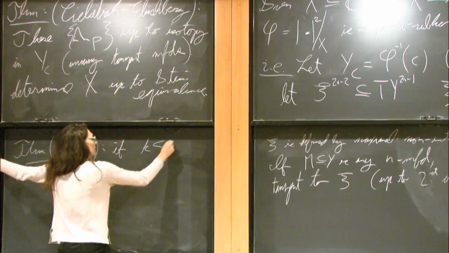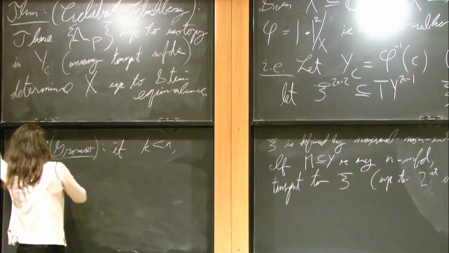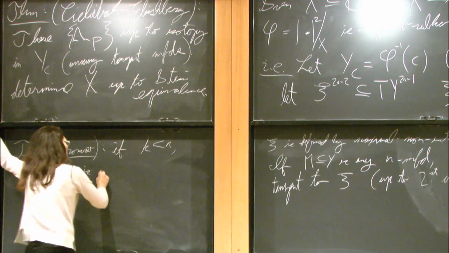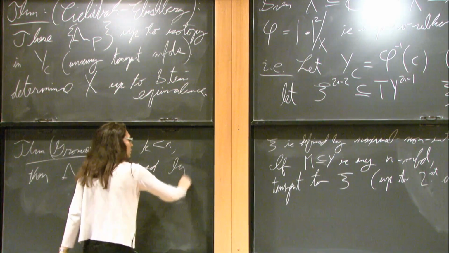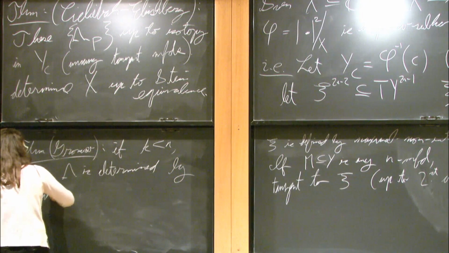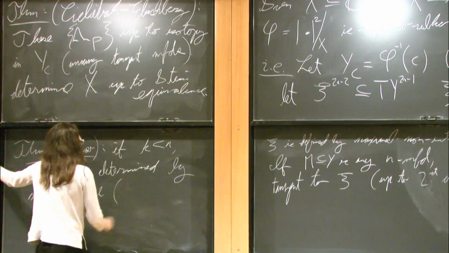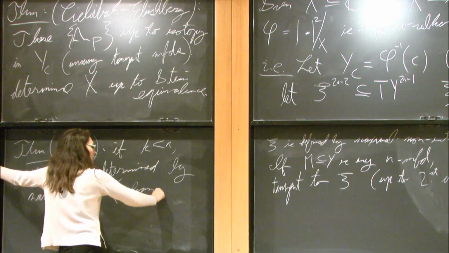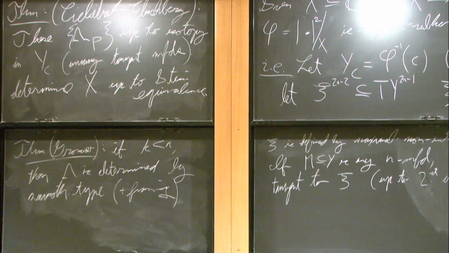If this k is strictly less than n, then this lambda is actually determined by just its smooth type, and maybe plus some normal framing data. So what this is saying is that all interesting geometry is coming strictly in this maximal dimension.